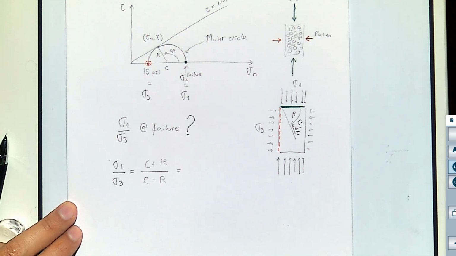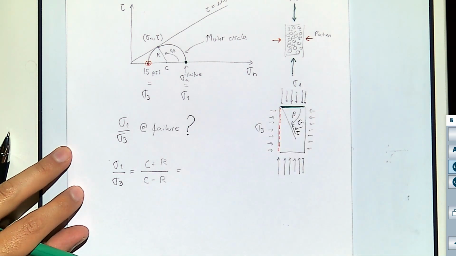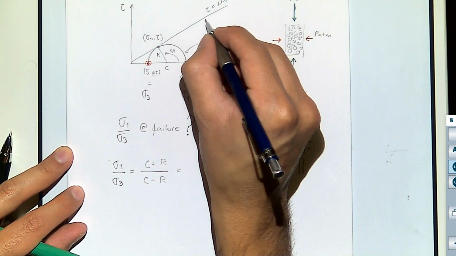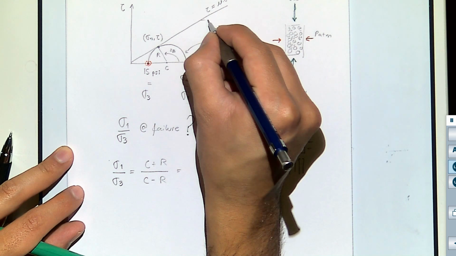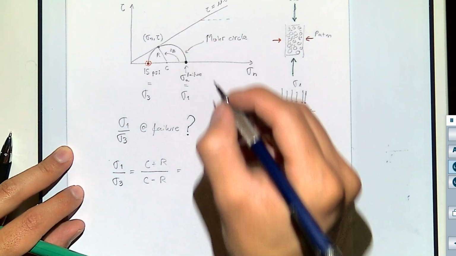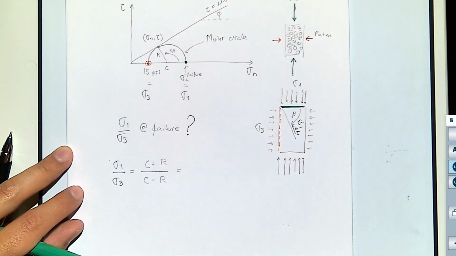What is the radius in terms of the center? I'm going to add one more definition here. Here we have the friction coefficient. But also in geomechanics, we like to work with the friction angle.